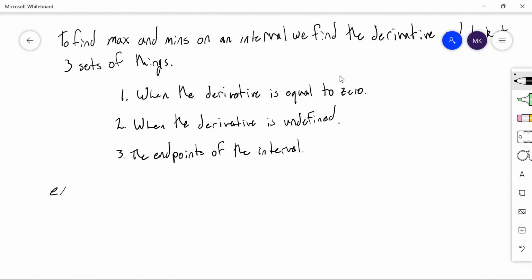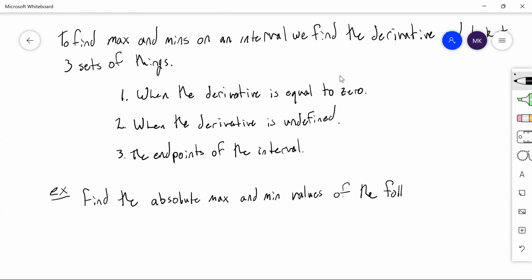Okay. Let's look at some examples. Find the absolute max and min values for the following.